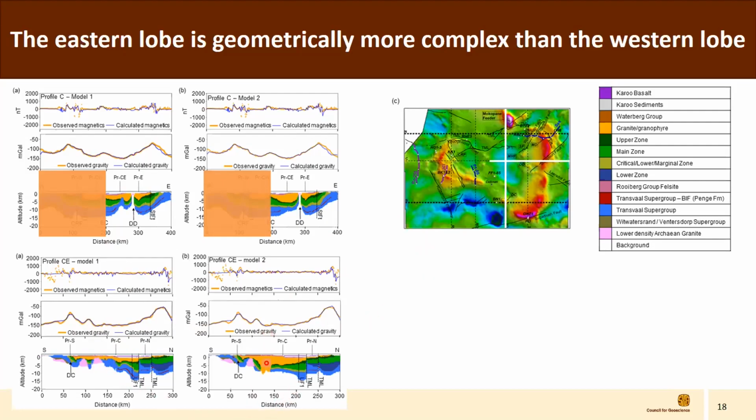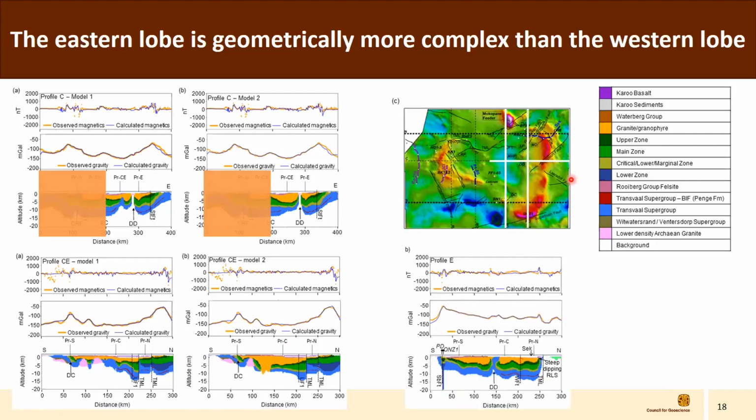If we look at the other model along this profile, I had to make the granites quite thick to fit the gravity low. And it goes through the Rustenburg layered suite, which is interesting in itself. And then just this profile here, going now through the Denelton dome, which I modeled here, as you can clearly see, as a diapir.